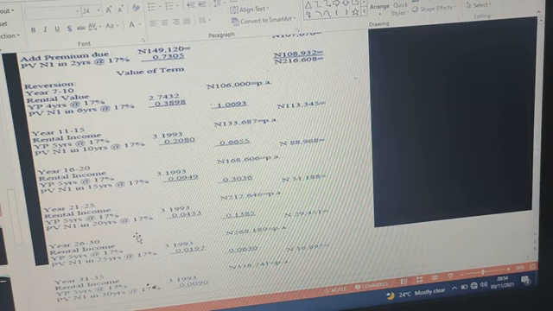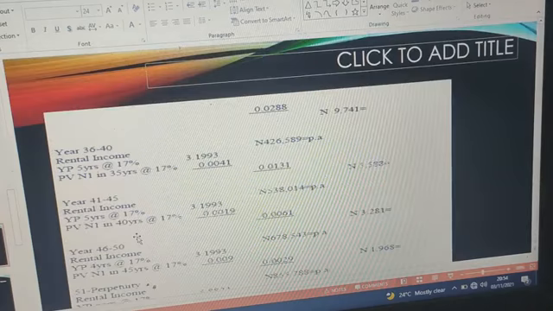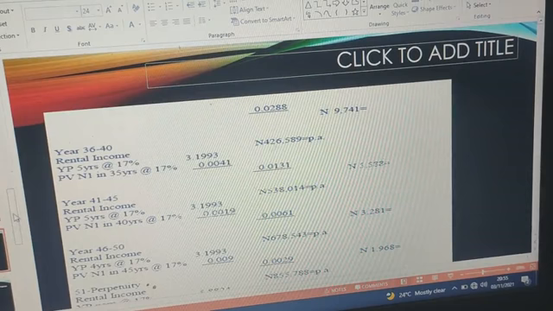Year 31 to 35. Rental income N338,241 equals P.A. YP 5 years at 17%, 3.1993. PV N1 in 30 years at 17%, 0.0090. 0.0288. And N9,741 equals.